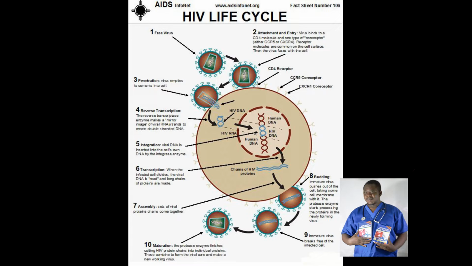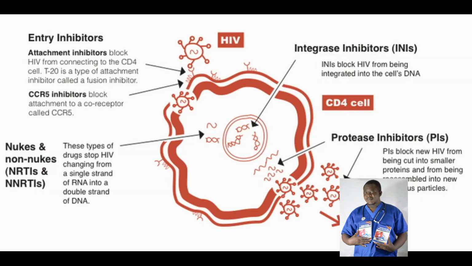Stage 5 is assembly. An HIV enzyme called protease cuts the long chains of HIV proteins into smaller individual proteins. As the smaller HIV proteins come together with copies of HIV's RNA genetic material, a new virus particle is assembled.